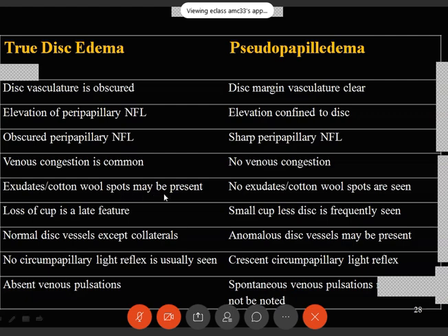Exudates and cotton wool spots may be present in true disc edema; not in pseudopapilledema. Loss of cup is a late feature in true disc edema; a small cup is seen in pseudopapilledema. Disc vessels are normal except collaterals in true disc edema; anomalous disc vessels may be present in pseudopapilledema. Absent venous pulsations are seen in papilledema; spontaneous venous pulsation may not be noted in true disc edema. These are a few points for true disc edema and pseudopapilledema.